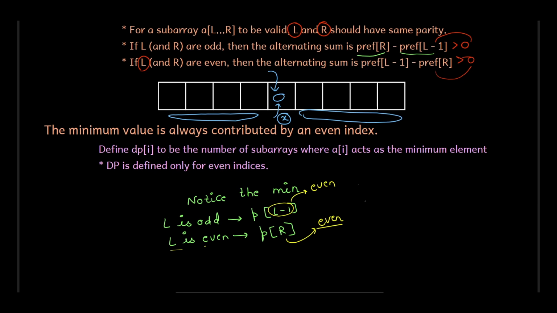And what you do is you have the original array, which is not changing. You have this prefix sum array. This is not changing. So you get the upper bound. So this is the minimum element, right? So X has to be the minimum element.